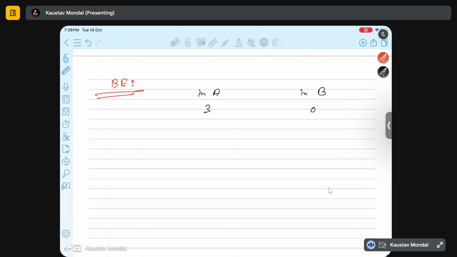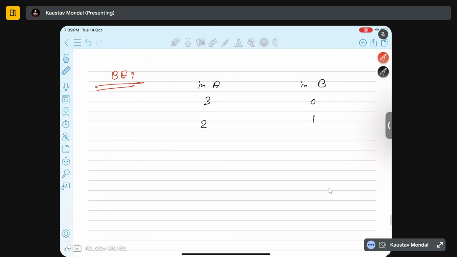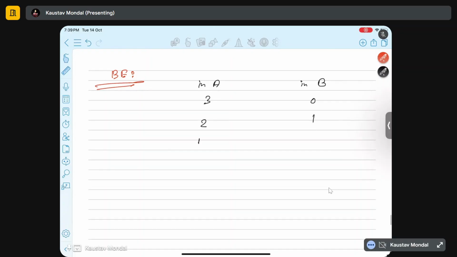So 3 particles can be in A; 2 particles can be in A and 1 particle in B; 1 particle can be in A and 2 particles in B; no particle in A and 3 particles in B. These are the 4 combinations that can happen for the case of BE statistics, right?